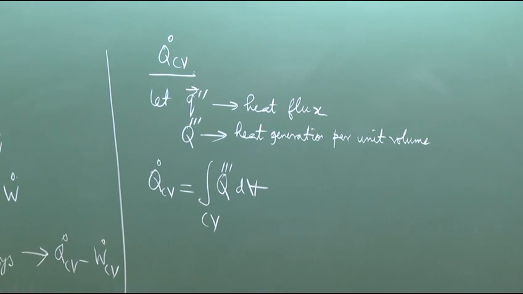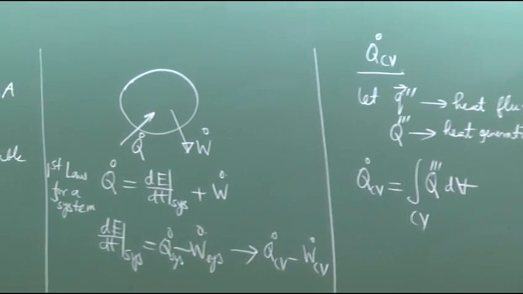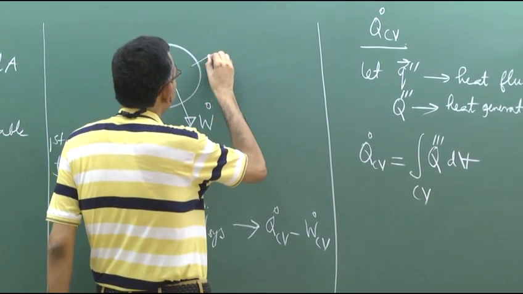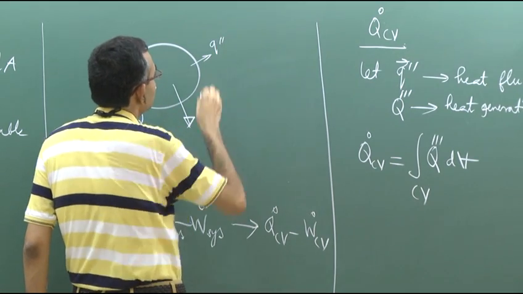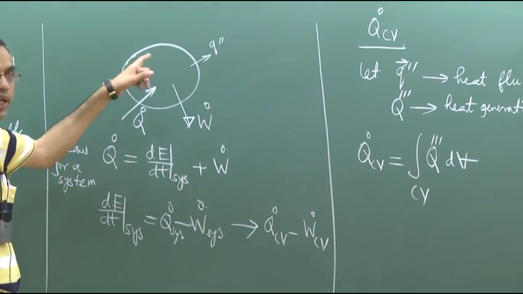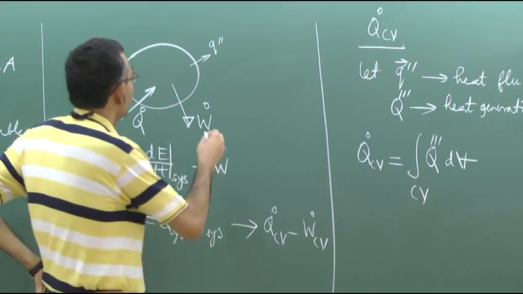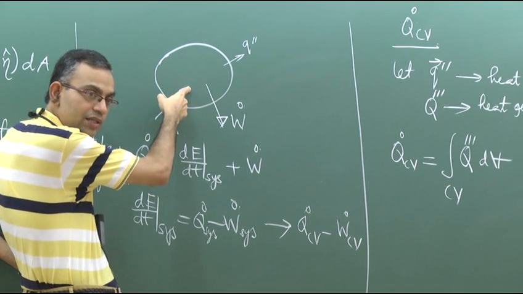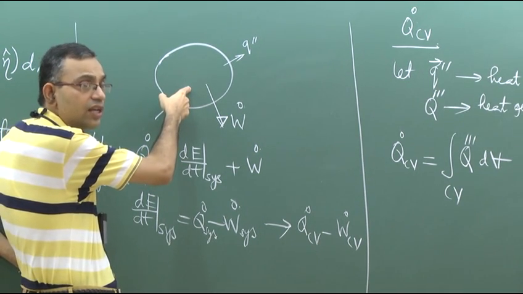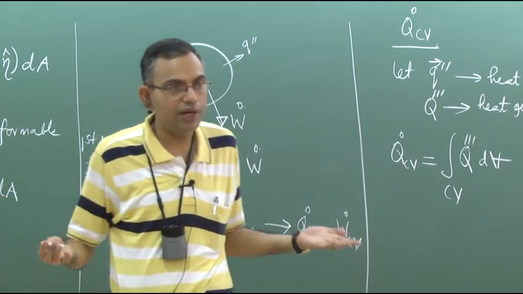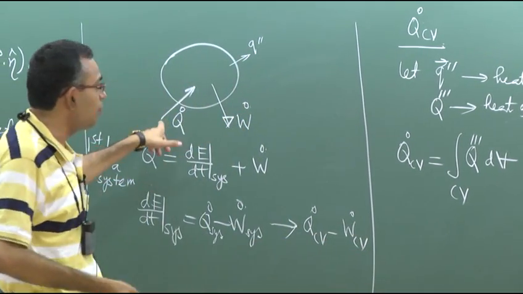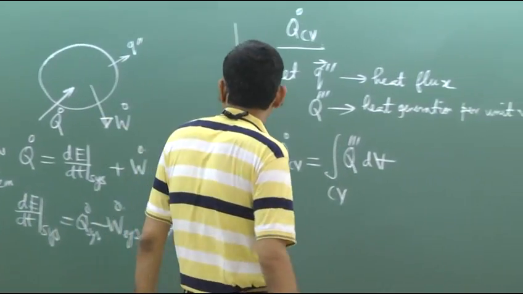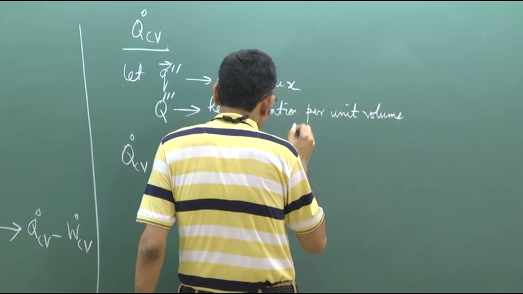For the surface heat transfer, you have to keep in mind that if we have a heat flux like this, this is actually a negative heat transfer, because heat transfer to the system or to the control volume is positive as per the first law sign convention. I mean, we could also make a different sign convention, but while writing this we have made this sign convention only. So this will be adjusted with a negative sign.